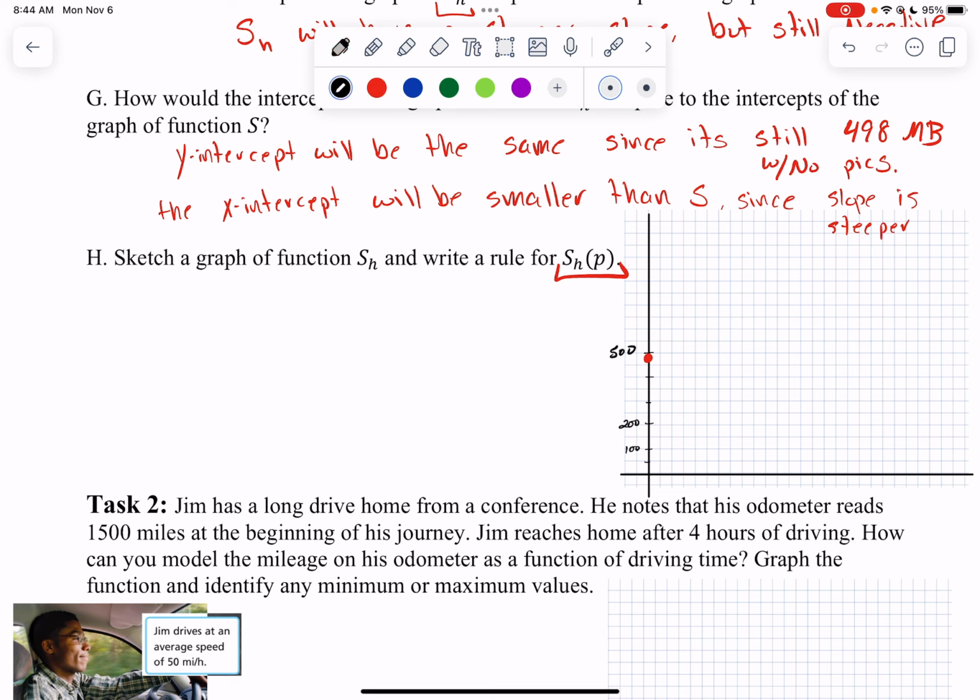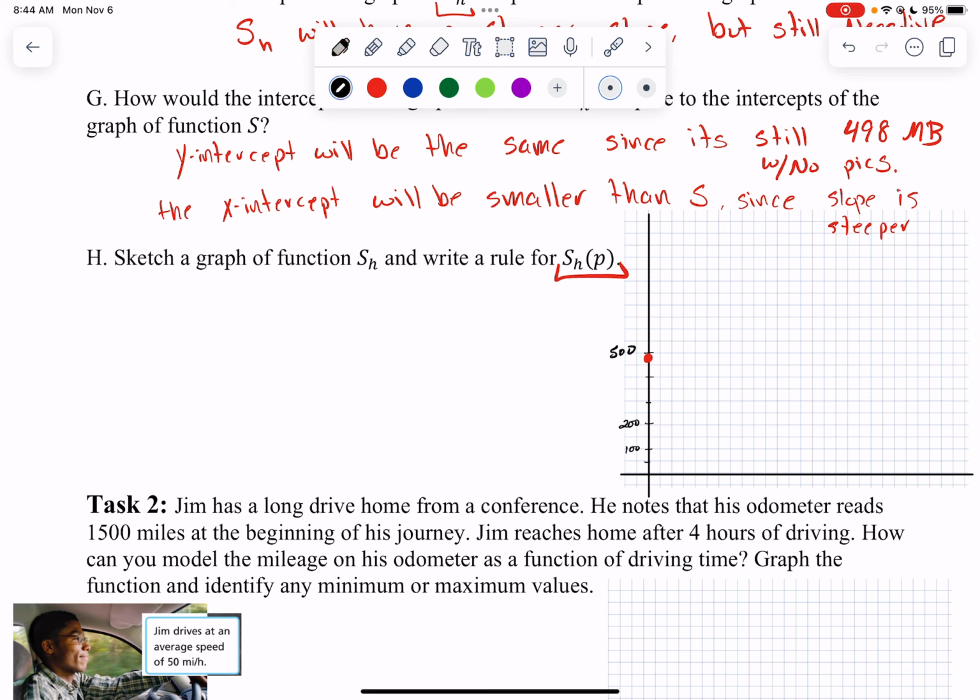Okay, so we can go ahead and create a table, S sub h of x. So at 0, we're still at 498. We need to go down 8 each time. So at 10, I would go down 8 times 10 from that 498. So I would go down 80. So 498 minus 80 will put me at 418.